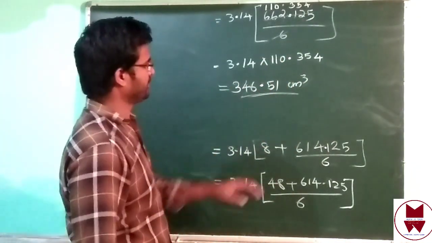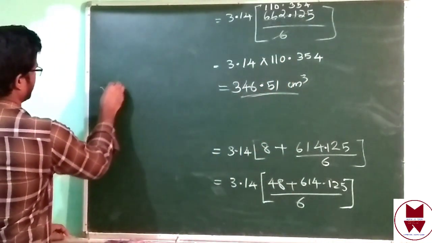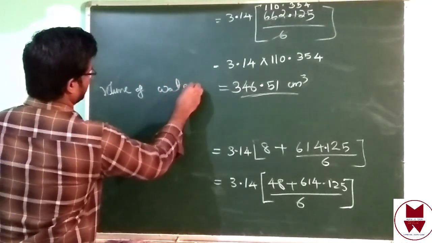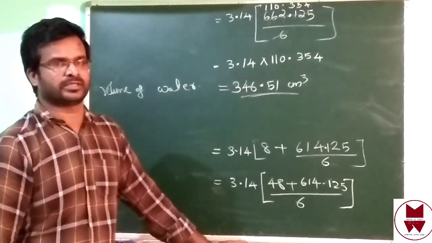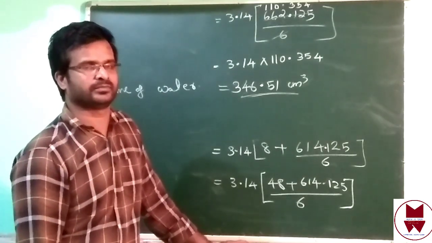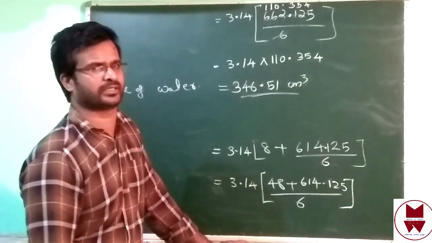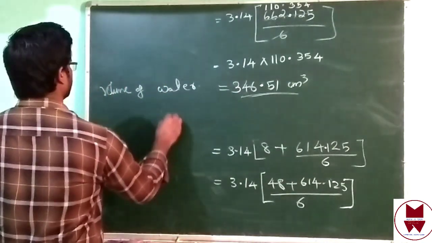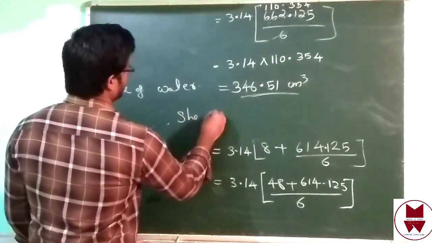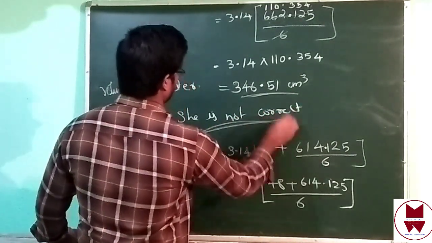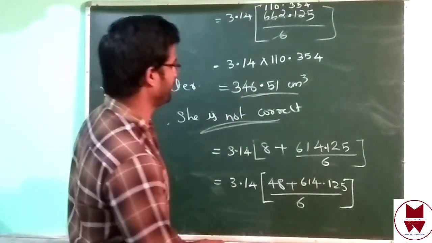You will get this number, that is the volume of water. But in the question they have already given another answer, that is her answer, that is 345. Is that correct or not? Not correct, isn't it? Therefore, she is not correct. Our correct answer is 346.51 centimeter cube.